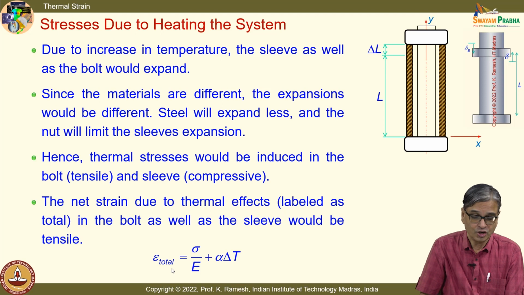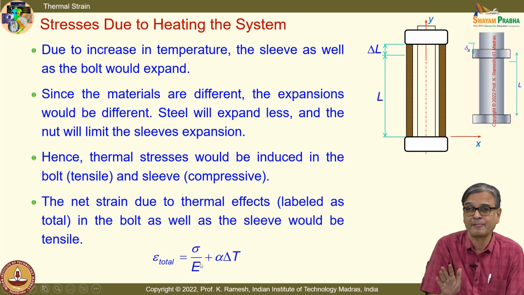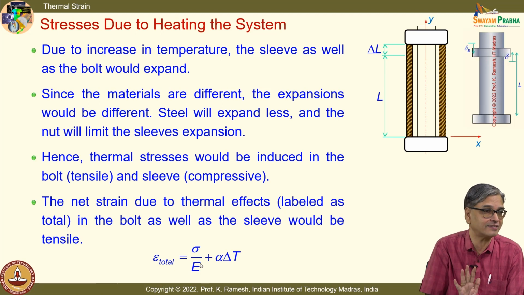That means, do not write only alpha delta T, write the stress components too. Because the problem is simple and I have only axial stress in only one direction, I have directly put sigma by E. The message here is, you should not ignore this. You should write the stress strain temperature relation when there is an interaction like this, otherwise you will make a mistake.